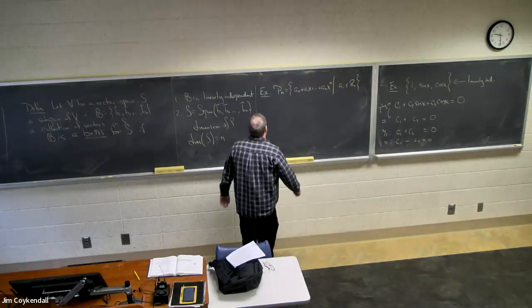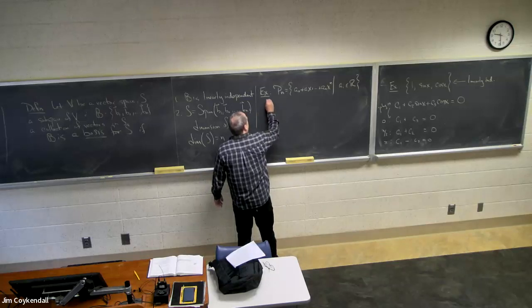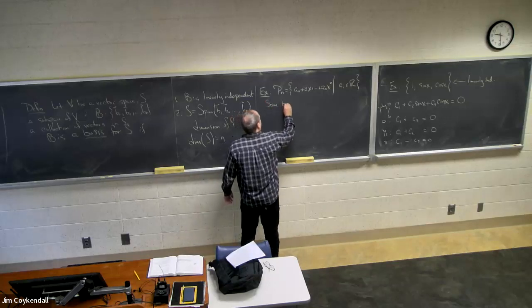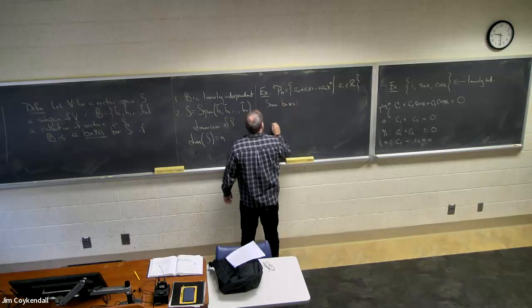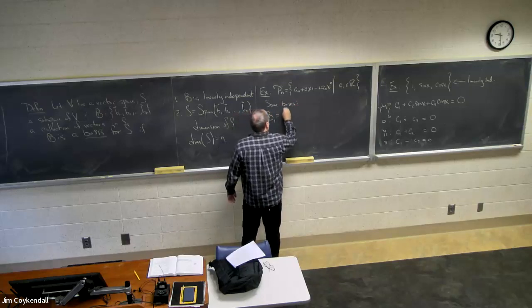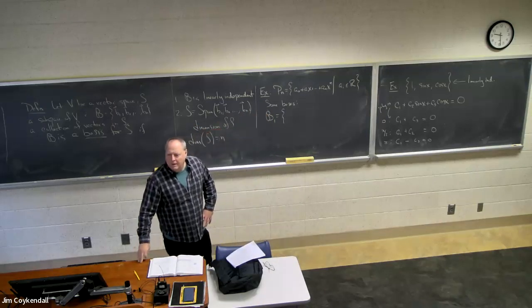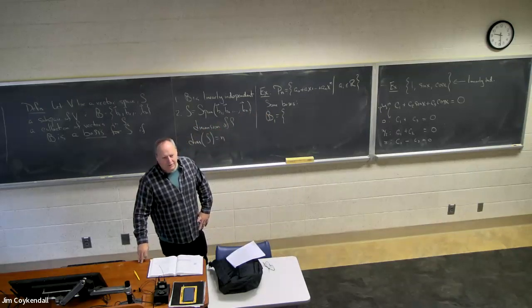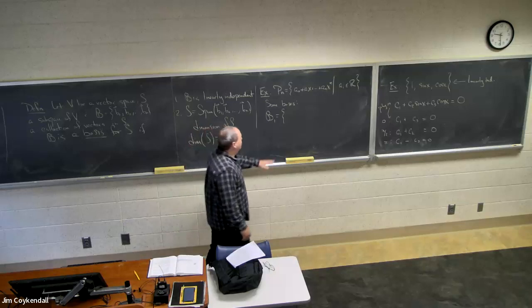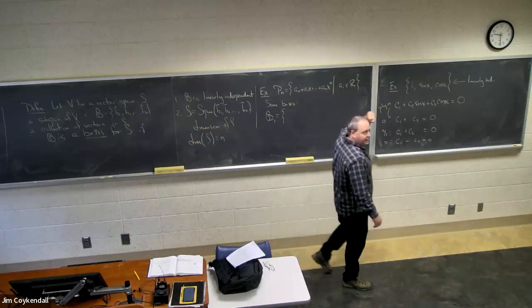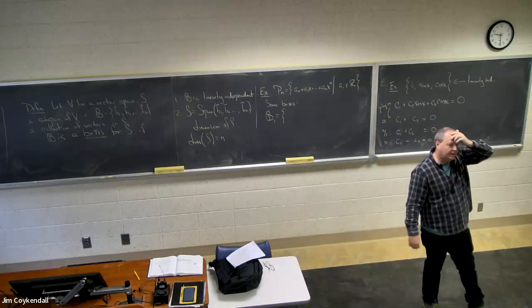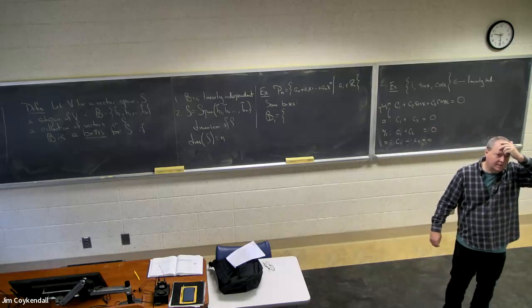Can anybody give me a basis? Anybody think of a linearly independent set that spans this so that everything is a linear combination from that set and it's linearly independent? What's the easiest basis that you can think of?